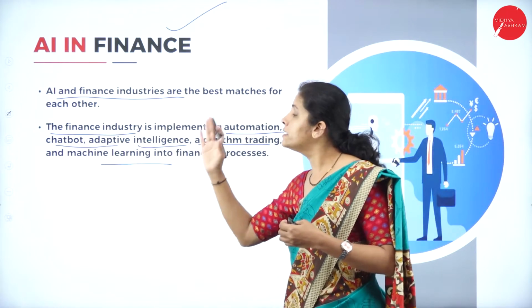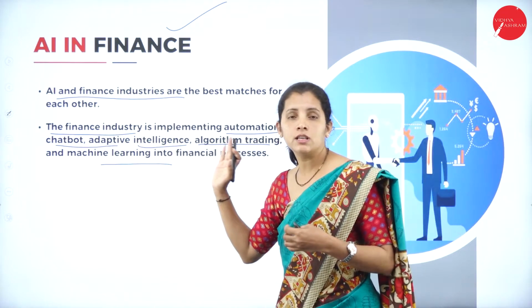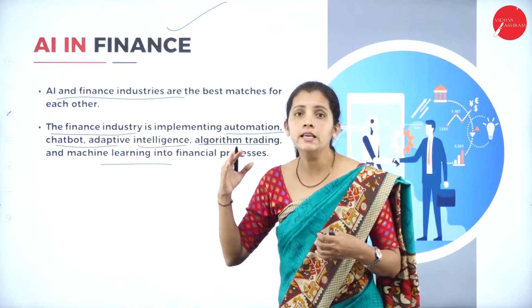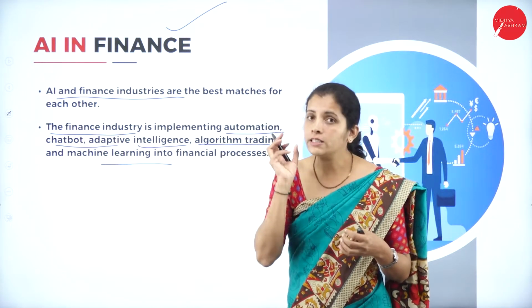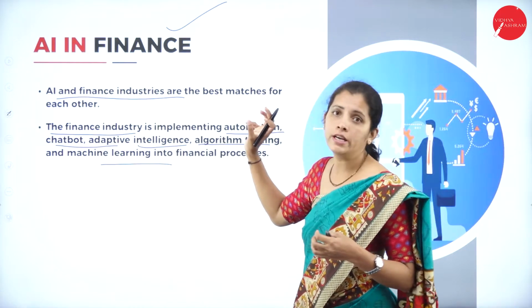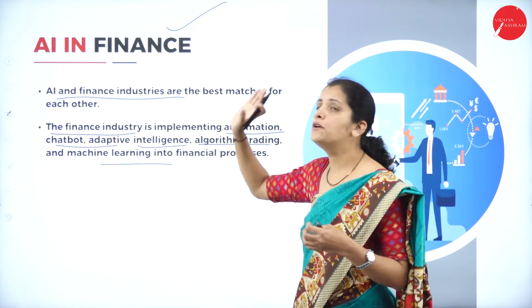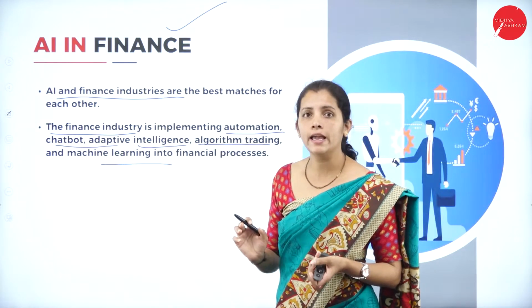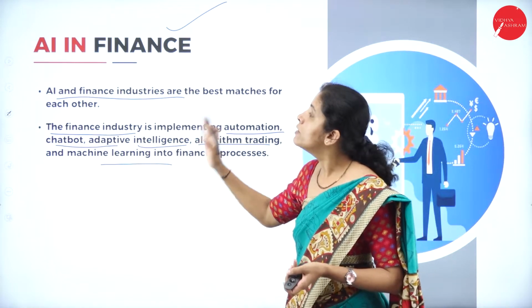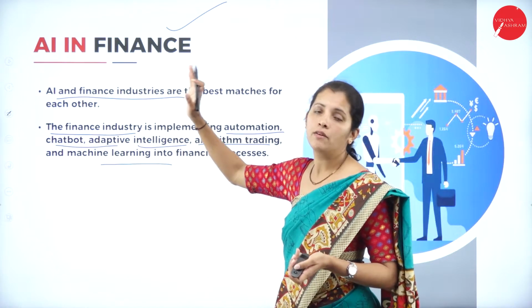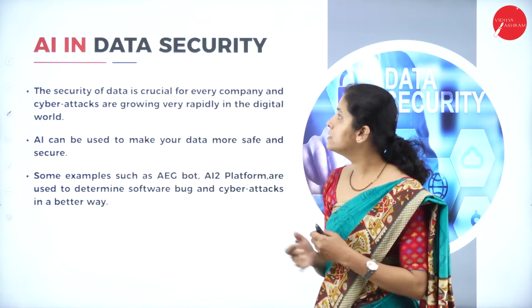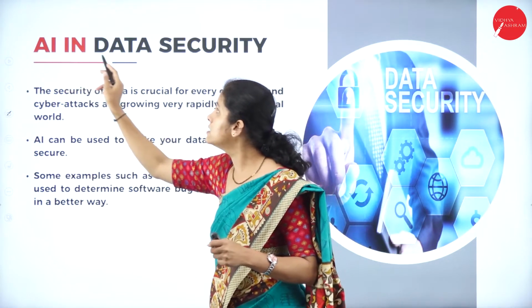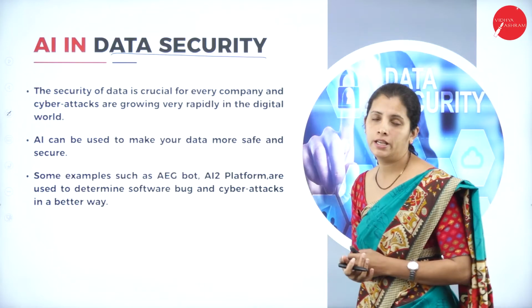Now tell me, what is this chatbot? Chatbots are virtual assistants, and they are going to guide the customer. For chatbots, security and all the online transactions, once again I require AI, and we are going to use AI in finance.